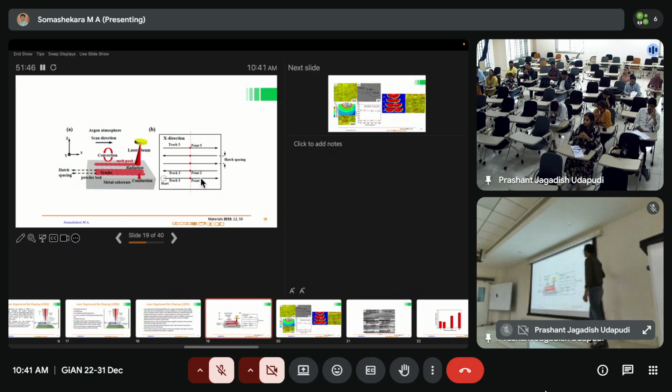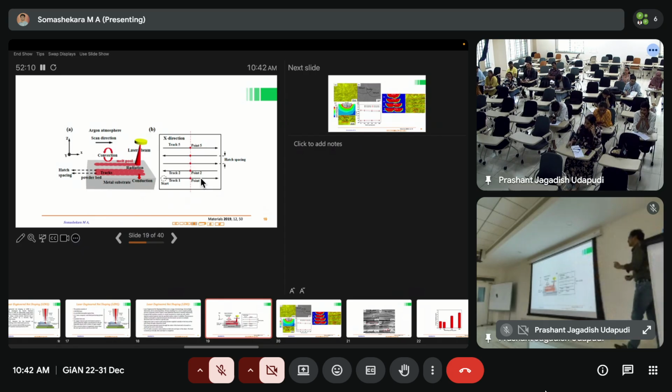If you want to control your stresses, you need to control the temperature distribution. That is very important especially in DED, because in powder bed fusion you are not worrying much about the build plate, since you get support from the powder that is already available. There, the first few layers are also very important.